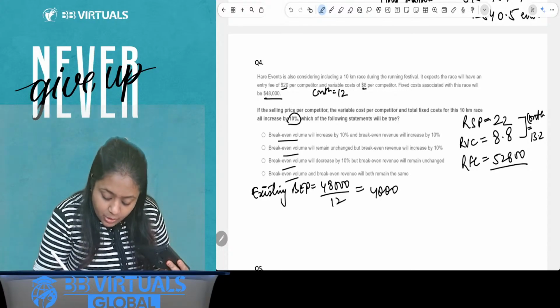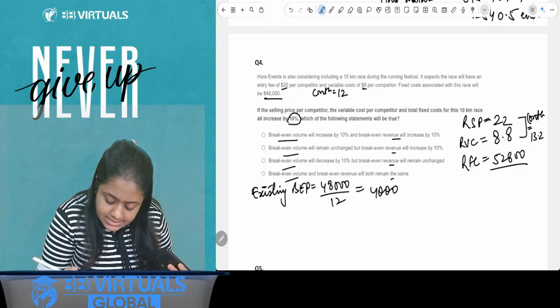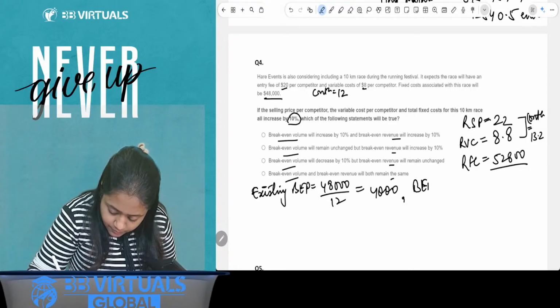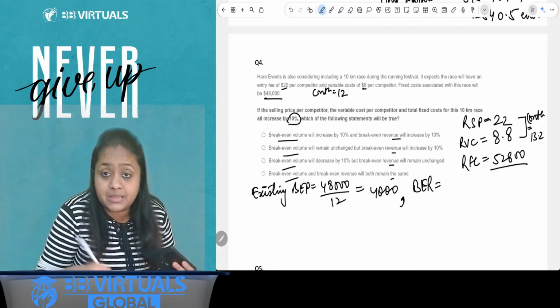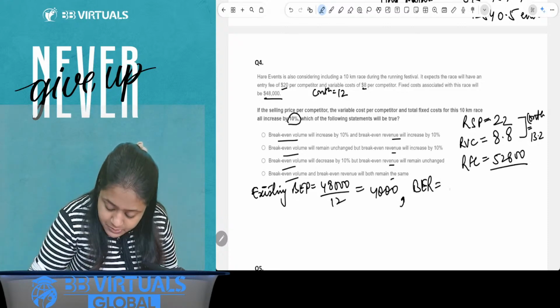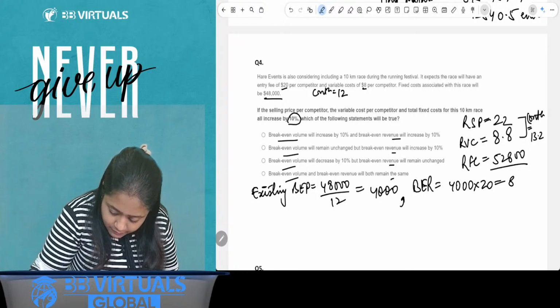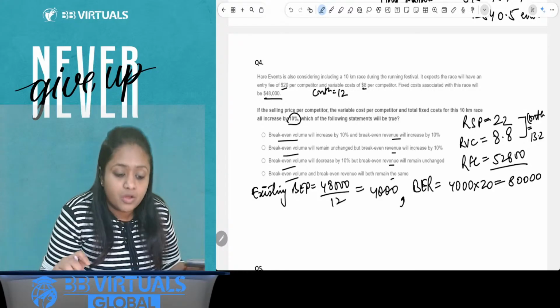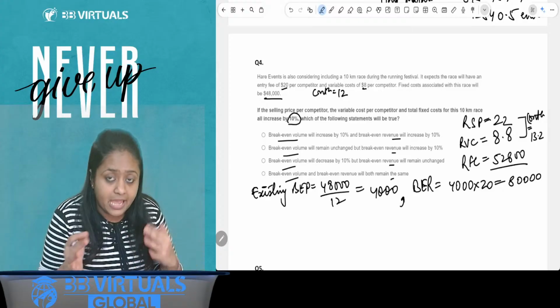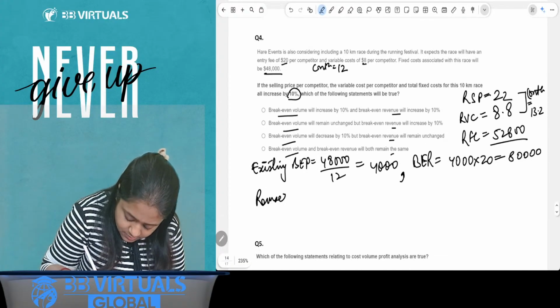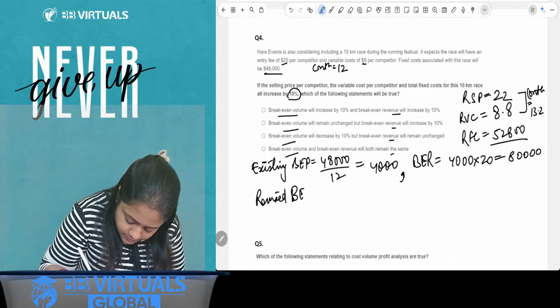Okay, but the question is also discussing break-even revenue. So what is the break-even revenue? Break-even revenue will be this multiplied by the selling price, which is 20. 4,000 multiplied by 20, which is 80,000. Okay, likewise, let's calculate it again for the revised portions also. Now, what is the revised break-even point?